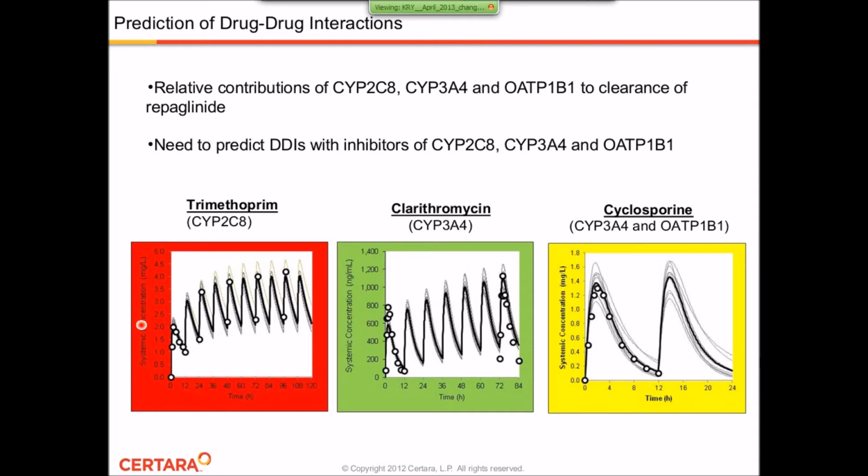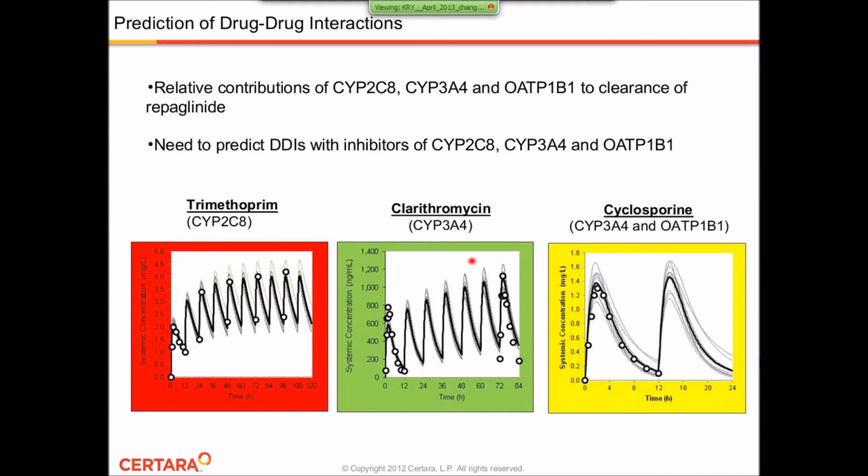So we developed a model for trimethoprim, clarithromycin against CYP3A4, and cyclosporin. Even though cyclosporin is an inhibitor of CYP3A4, it's a more potent inhibitor of OATP1B1. But before we could do any of that, as I said, we had to validate all of these models, again, independently against other substrates. So it is quite an involved process when we're doing the PBPK modeling.